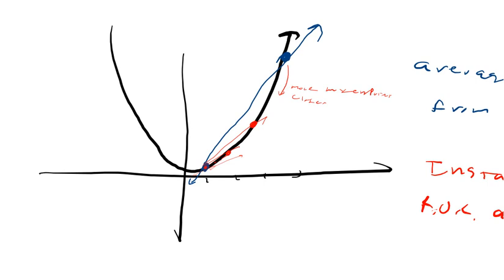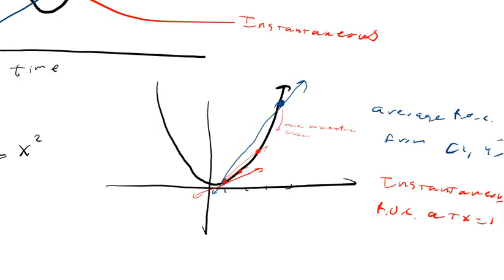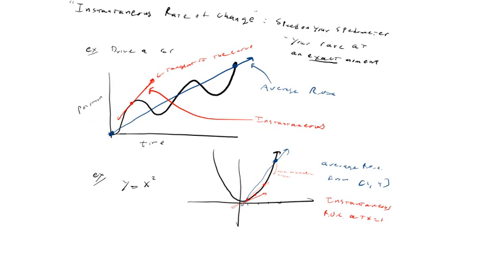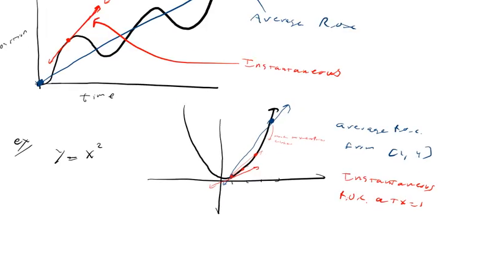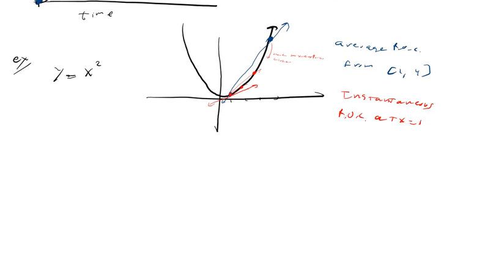So here's what we're going to do. For the instantaneous rate of change, we use the same formula: f of b minus f of a over b minus a. But what we do is take the limit as x approaches our a value.